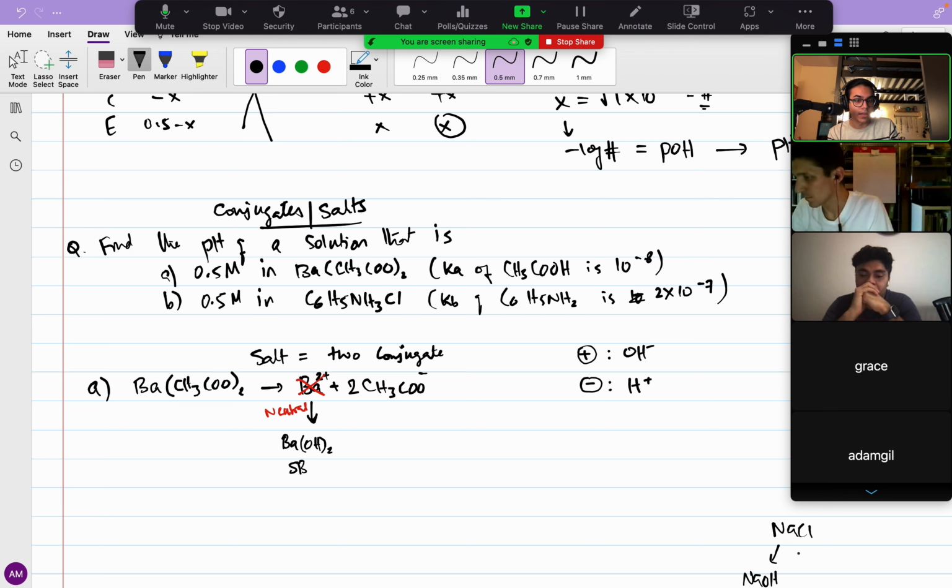So it's the H plus absorbing kind of base. This will absorb an H plus to become CH3COOH, leaving behind OH minus from the water. Is this part clear?